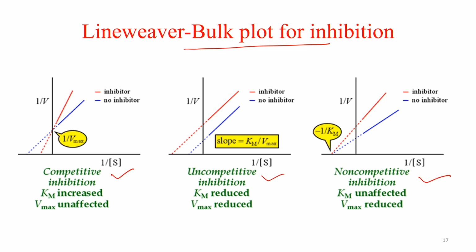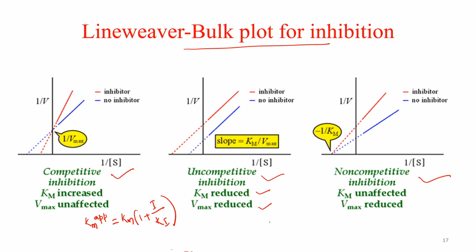So, in the case of competitive, what we have observed is Km has increased. So, Km apparent has become Km times 1 plus I upon Ki. In case of uncompetitive, Km is reduced and V max is reduced, because this is targeting the enzyme substrate complex.